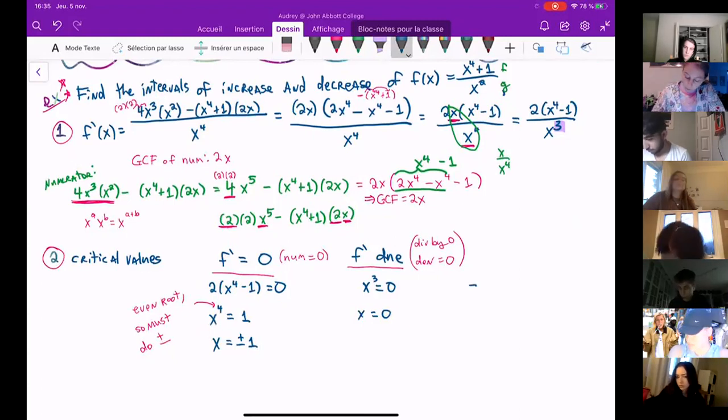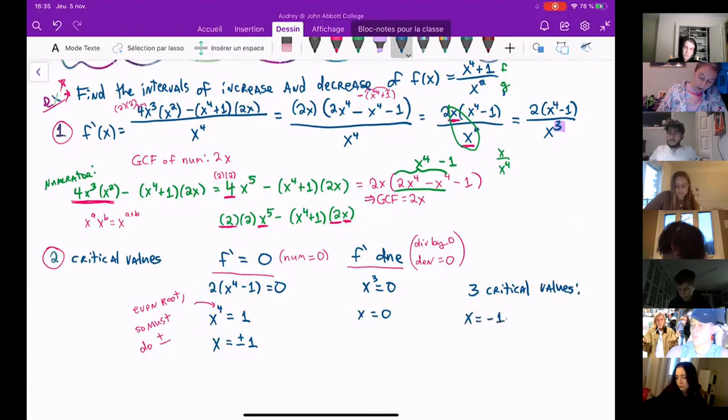So here I have 3 critical values, and those three critical values are x equals -1, 0, and 1.